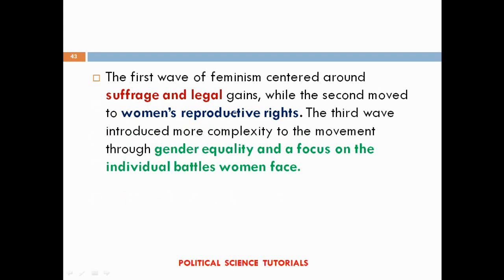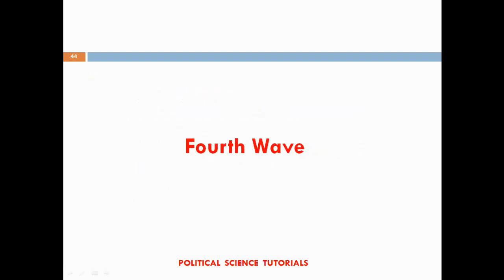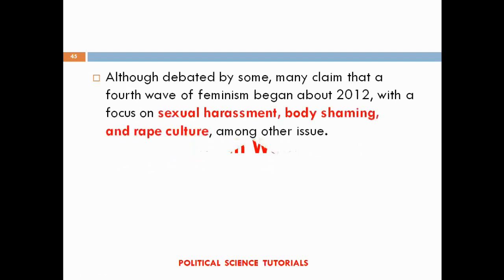Though there is a debate about the fourth wave of feminism, many scholars claim that a fourth wave began about 2012 with a focus on sexual harassment, body shaming and rape culture among other issues.